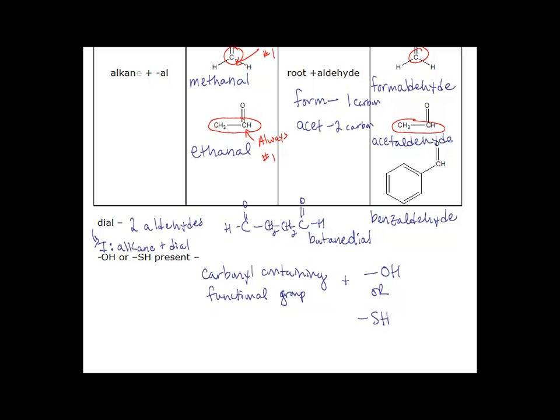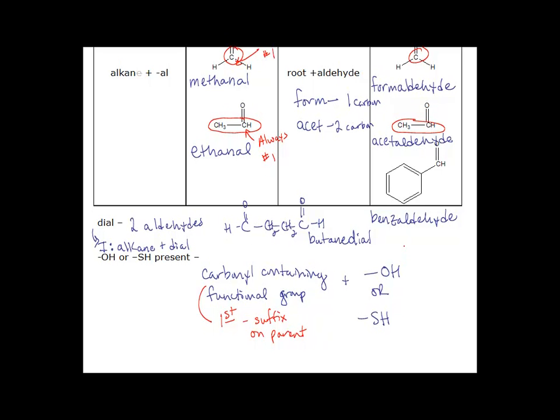Does one take priority? Well, it turns out that the carbonyl containing functional group is the first priority. So you're going to have that suffix on the end of your parent. So OH and SH aren't going to take the parent. They're just going to be listed as substituents. So they will be what they were called on your blue flashcards for Unit 4.